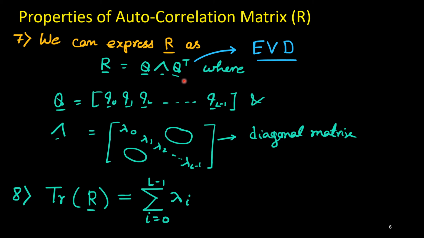And in this course, we will be using this eigenvalue decomposition method frequently to analyze adaptive algorithms. Okay, so in this video also I'll be discussing more about this eigenvalue decomposition. And the last property I discussed last time: the trace of R is equal to the sum of all eigenvalues.